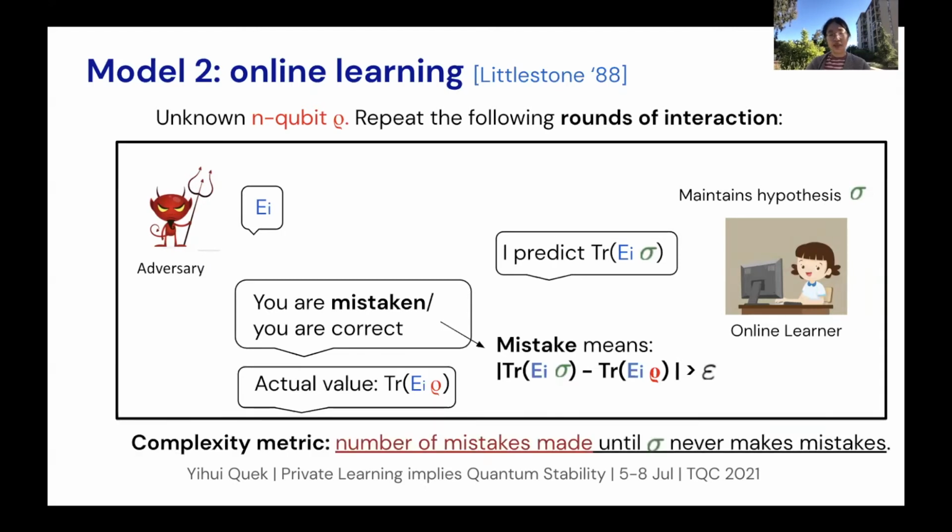And this whole thing repeats as many times as you want, but the complexity metric here is the number of mistakes that the online learner makes until the learner has refined her hypothesis sigma to the extent that no matter what new measurement the adversary gives, the learner will never make another mistake. So this is the complexity metric of online learning.